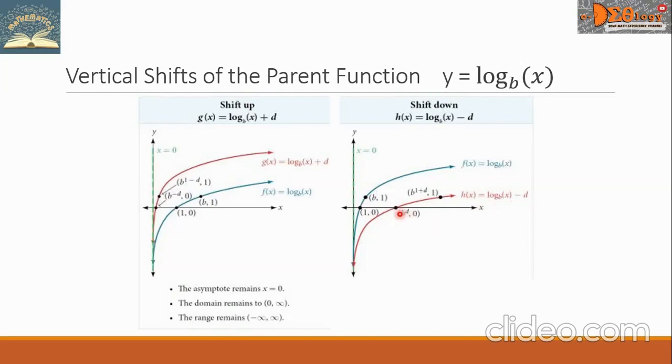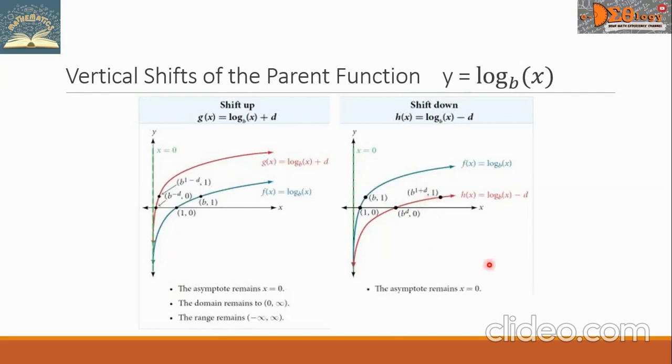Take note of the two important points of the h of x. The first is the x-intercept with coordinates b raised to d, comma, 0. Another key point here is b raised to 1 plus d, then comma, 1.